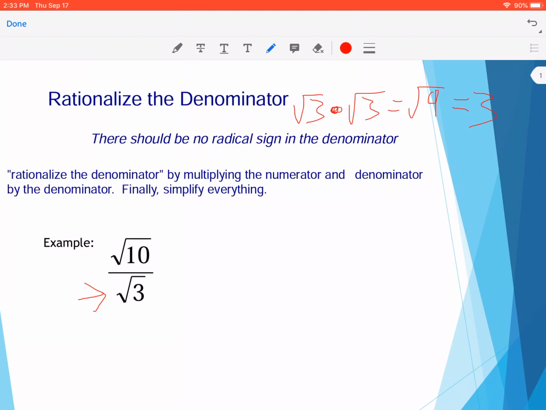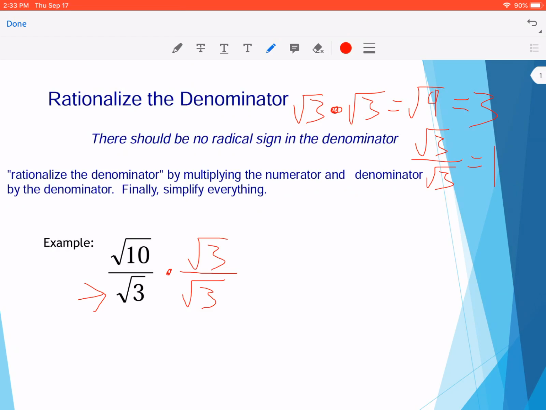So I'm going to take this fraction and multiply it not only by radical 3 on the bottom, but by a radical 3 on the top. A radical 3 over a radical 3 is equal to 1. So what I'm really doing is multiplying this fraction by 1. That way it doesn't change its value.